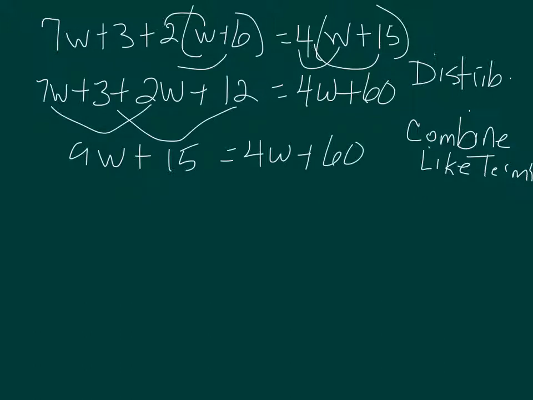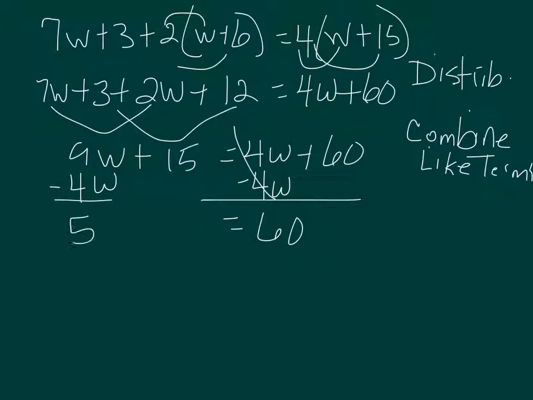Okay, so now let's subtract 4w from the right in order to get it off of that side. We're left with just 60. But because I did it on the right, I have to do it on the left. So I have 5w plus 15.